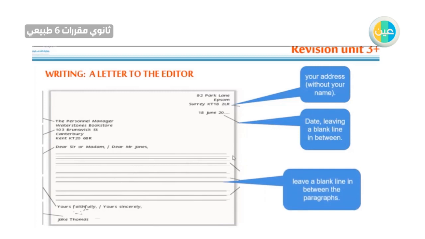Then we will have the paragraphs. It might be 3 to 4 paragraphs. Introduction paragraph, then the main part, why are you writing, then the ending paragraph, try to summarize and leave a comment. Okay, leave a blank line in between the paragraphs. Don't forget, between the first and second there is a line, between the second and third there is a line.